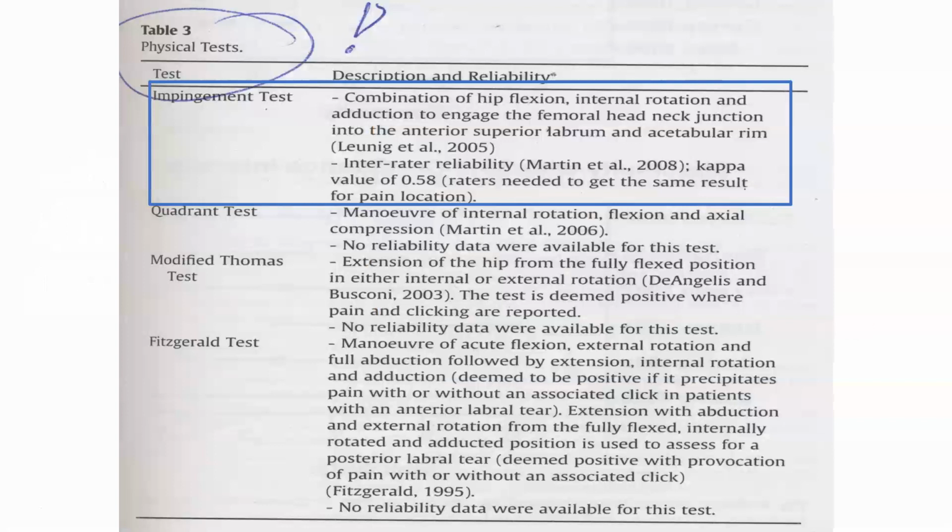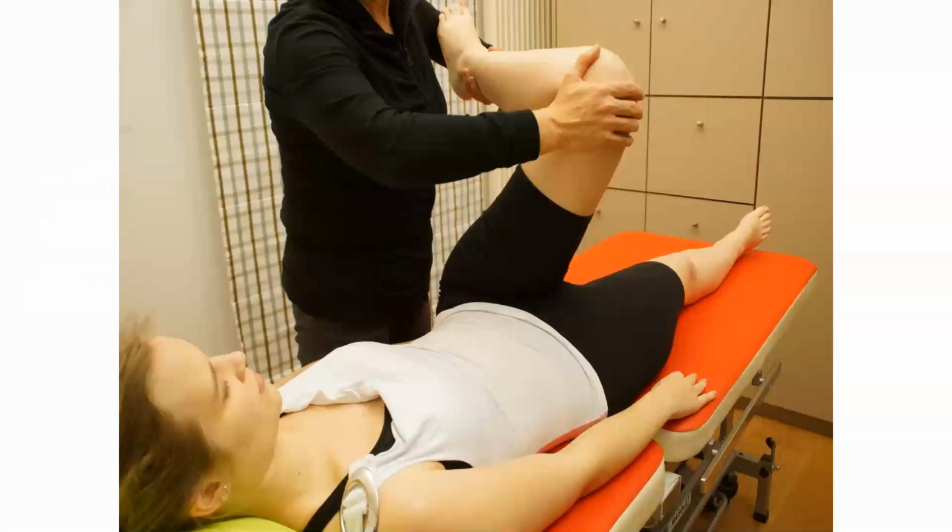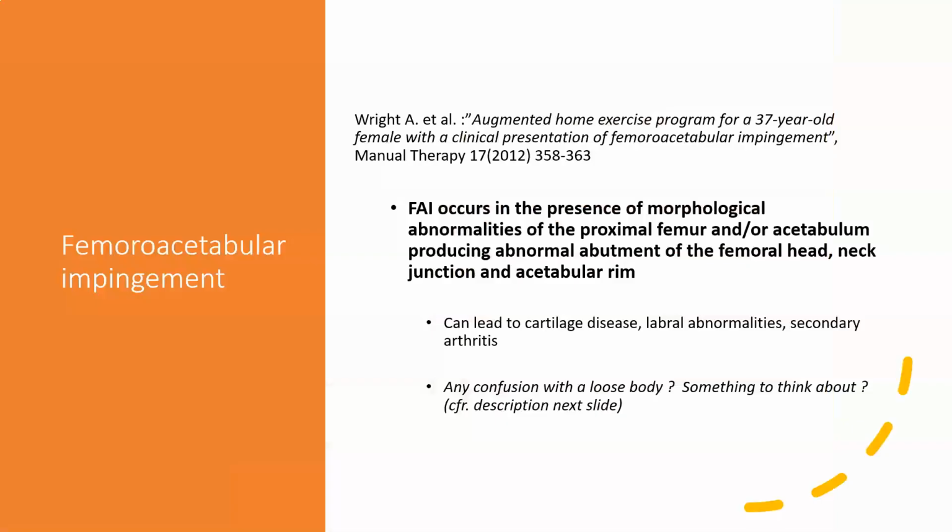And how does this impingement test look? Well, we build in some flexion, we build in some adduction, some medial rotation, and then we provoke, and we hope to provoke the patient's symptoms.